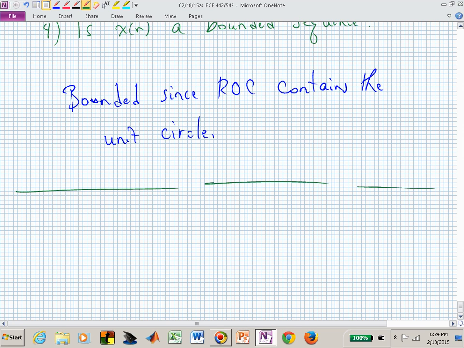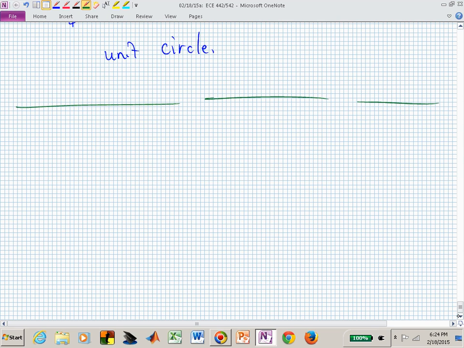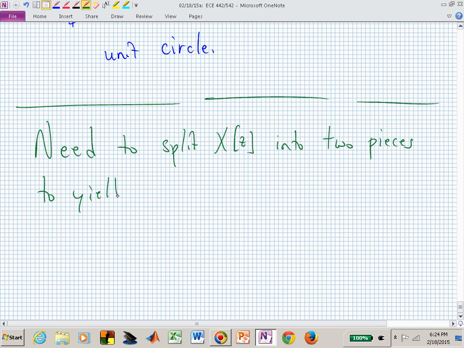Now let's figure out how to find the actual little x of n for that capital X of z. What we need to realize is that we need to split X of z effectively into 2 pieces, to yield the 2-sided little x of n.